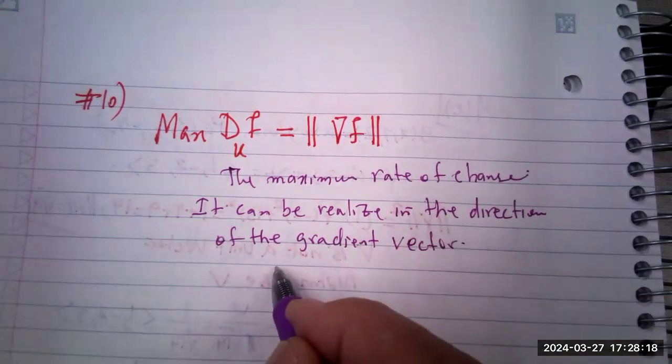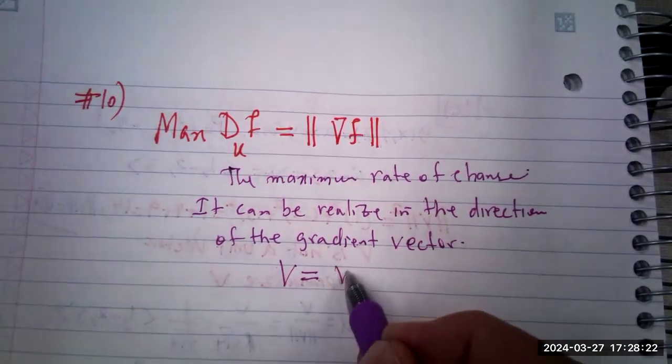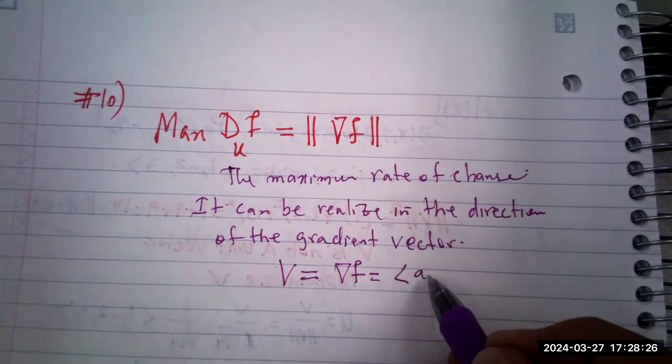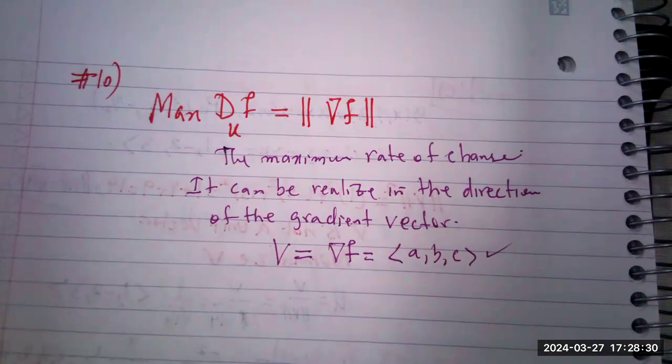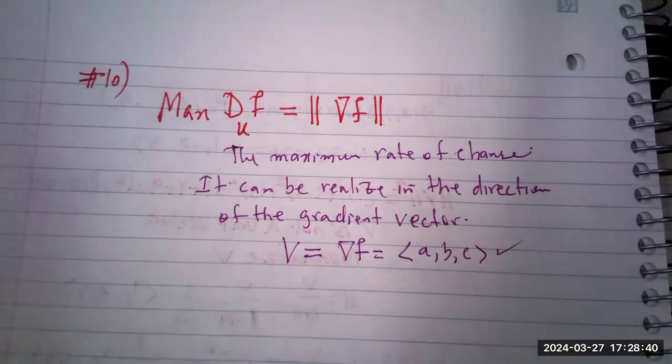So this means the gradient one is going to be, you see, it's just a gradient vector. This is going to be something like, we call it ABC, if you like. So you must know these two facts to be able to do this type of problems. So this is how, I write it down, number 10, so you know that.